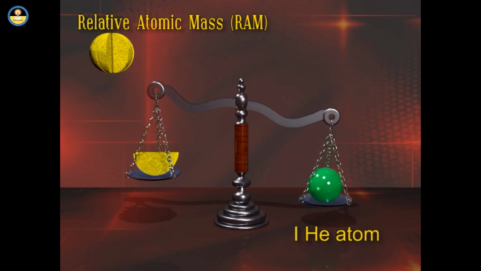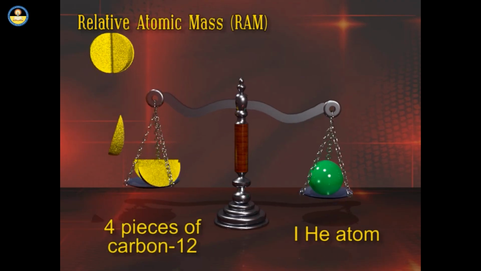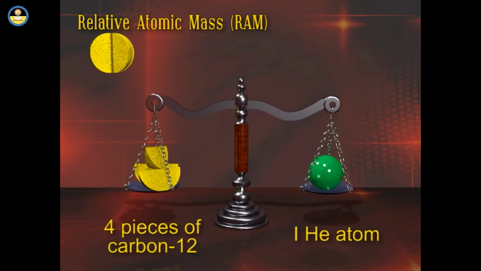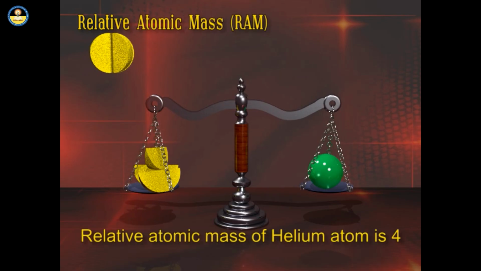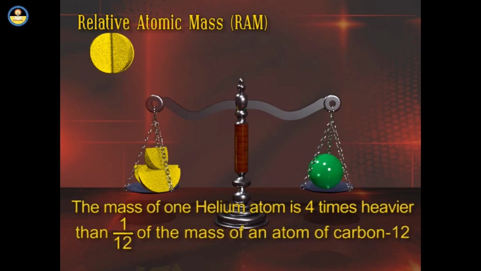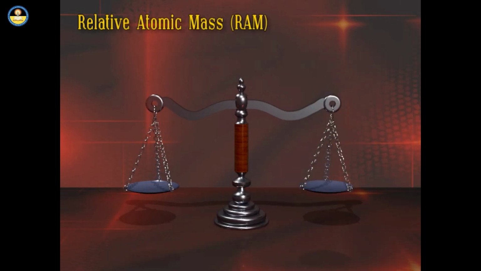Now, in order to balance it, we place 4 pieces of 1/12 carbon atom. We know that relative atomic mass of a helium atom is 4. Therefore, the mass of one atom of helium is 4 times heavier than 1 upon 12 times the mass of an atom of carbon-12 taken as standard.